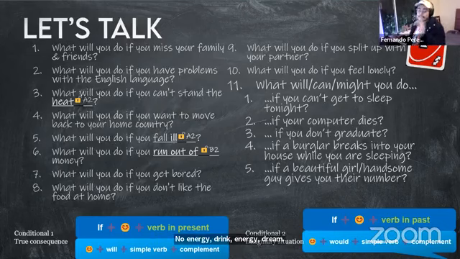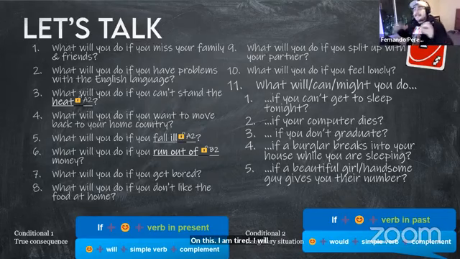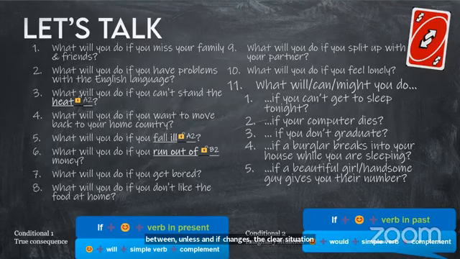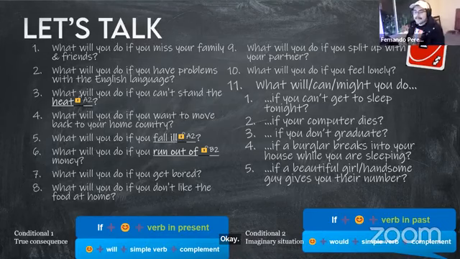Excellent. That's a good example. Unless I am tired, I will drink a coffee or an energy drink. If I am tired, I go to sleep. The difference between unless and if changes the situation. That's a very good one. Good, Isti.